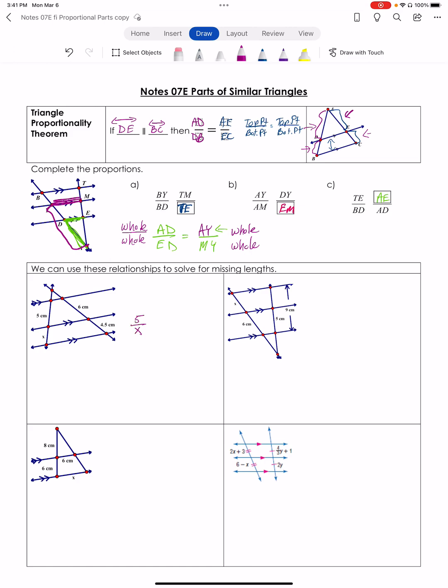This is 5 over x is equal to 6 over 4.5. So 6x is equal to 5 times 4.5.